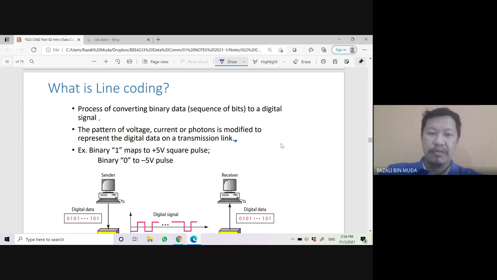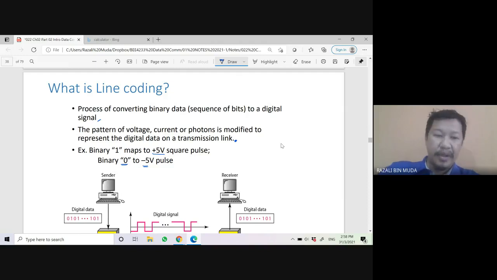So basically, before transmission, you need to convert the binary data to a digital signal. For example, binary 1 is coded into 5 volts and binary 0 is coded into negative 5 volts. So this is an example.